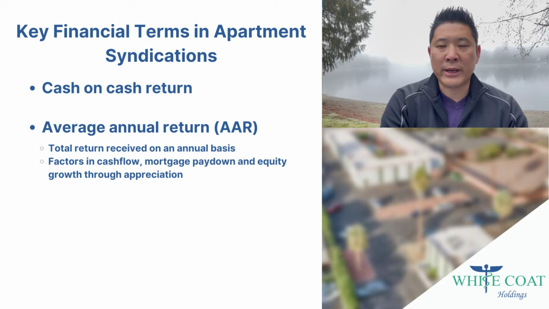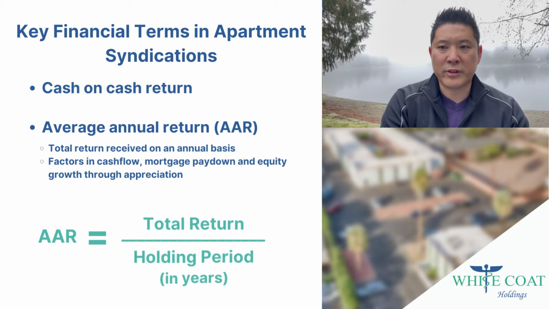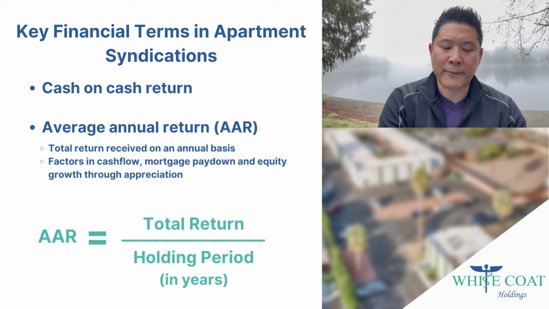Again, if you're buying a property and you're increasing the net operating income by $100,000 and you're in a 5 cap market, that $100,000 increase can be a 20x multiplier on the amount of equity that you're building in the deal. To get your average annual return, you would take your total return for the deal and divide it by the holding period.